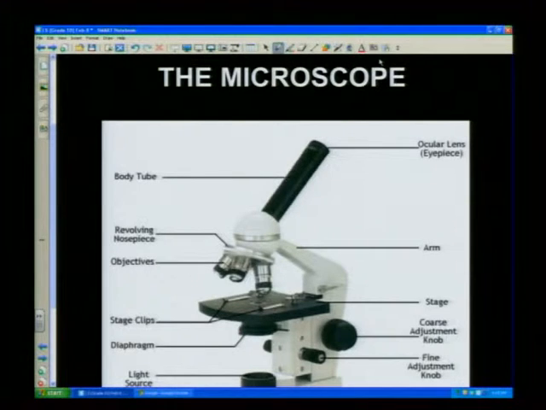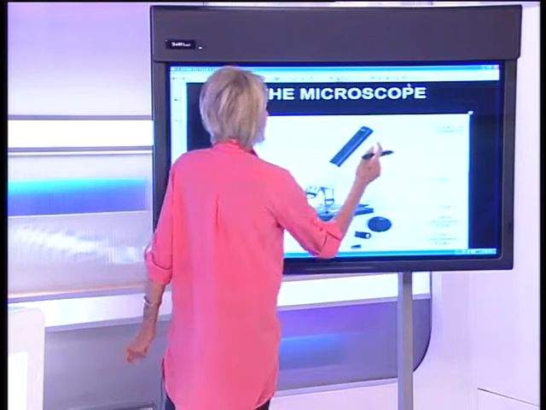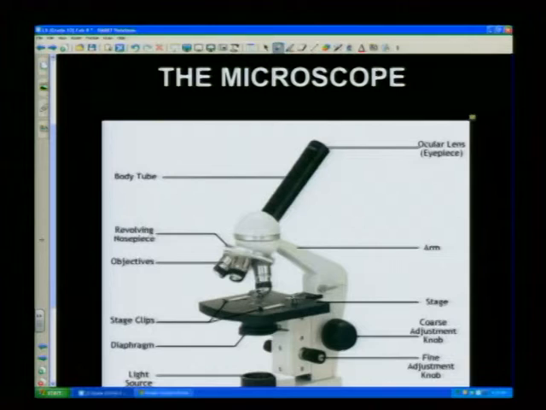If we look at the actual microscope, you've got a tube-like structure, and that tube-like structure is called the body tube. Now that's not really hard. Then at the end here of the body tube, in other words, this structure along here, we have a little lens.